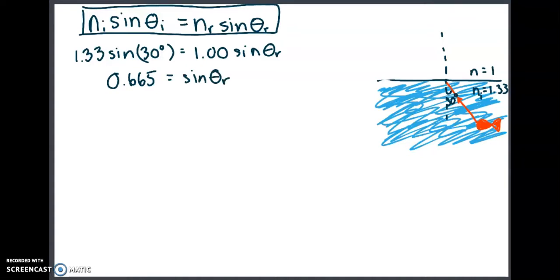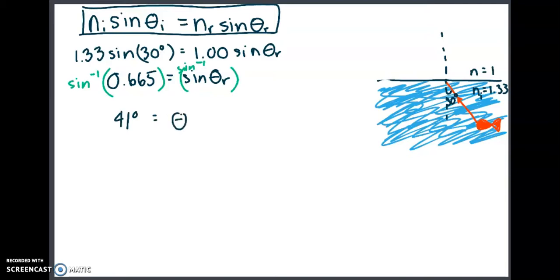And how do we get rid of a sine? Well, we're going to use an inverse sine. So we're going to take a sine inverse on both sides of the equation. And that gives us an angle of 41 degrees equals theta.